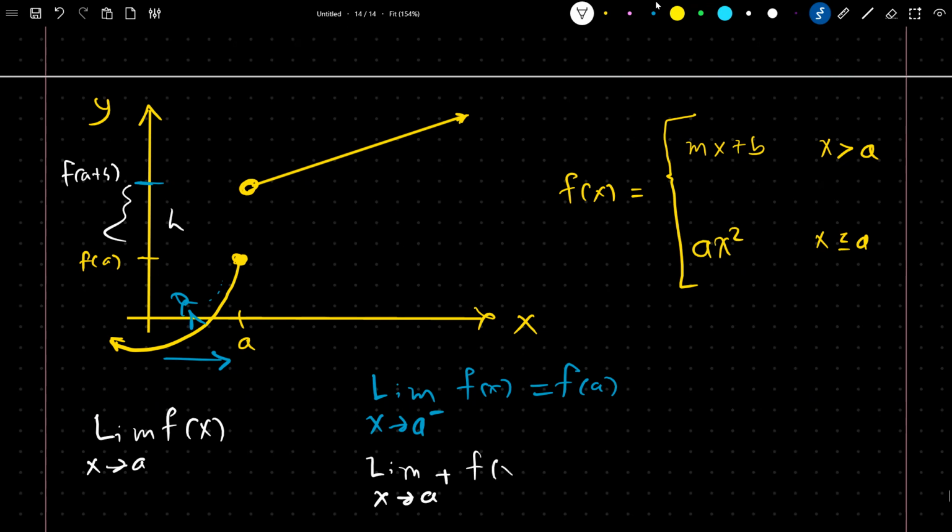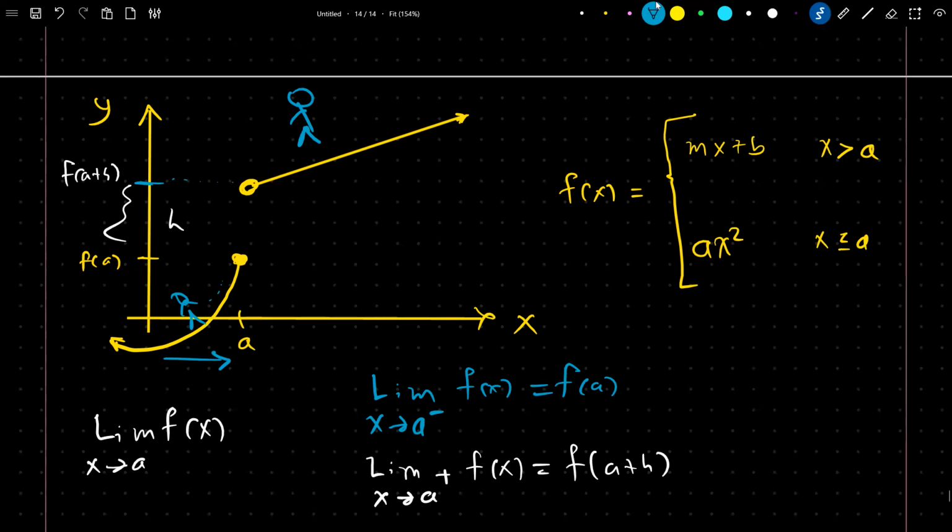If we look at the limit from the right side, we don't get f of a, we get f of a plus this distance up here of h. In other words, if I'm a little person walking along this graph, as I'm getting closer to a, I'm getting closer to this y value.